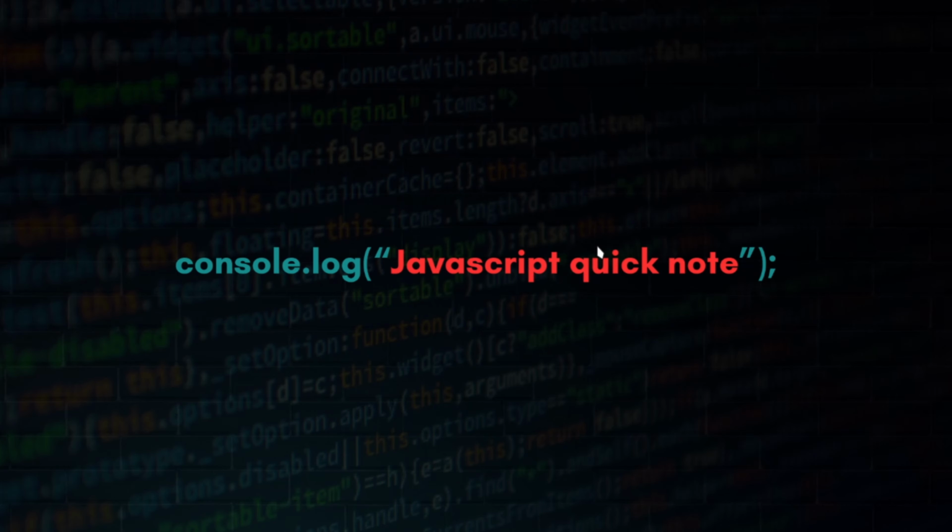So we will be looking at a lot of things in JavaScript. Then later on, we will be looking at the DOM, where we can make our JavaScript interact with our HTML. So we have a lot of things that we will be talking about.